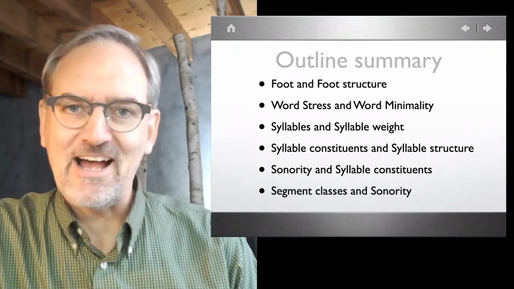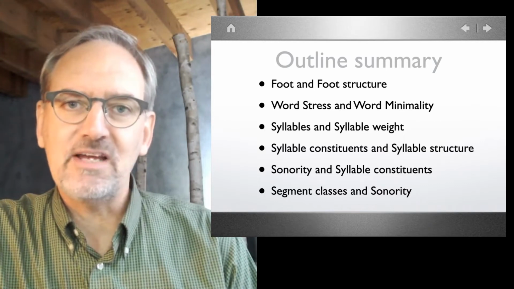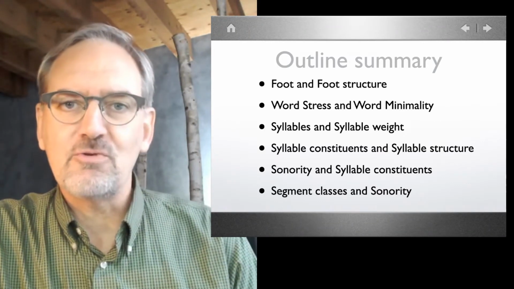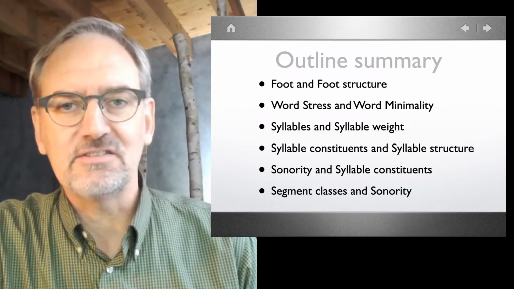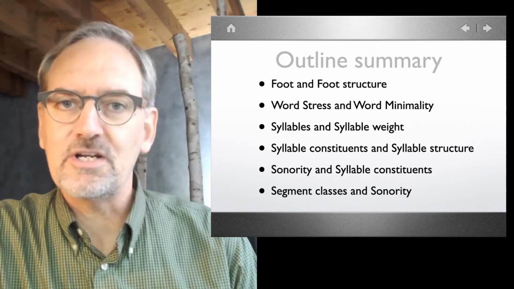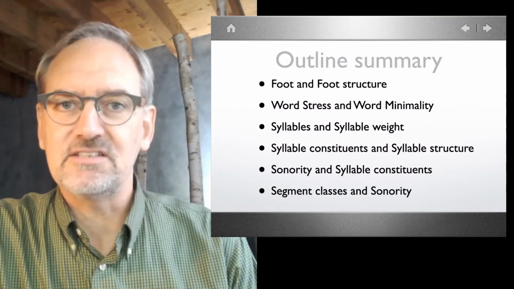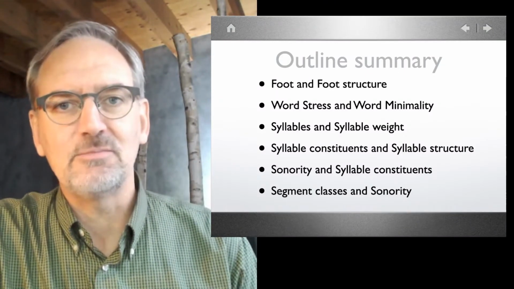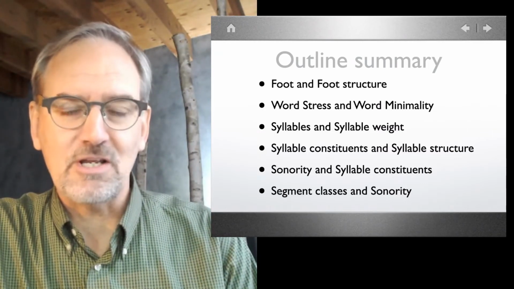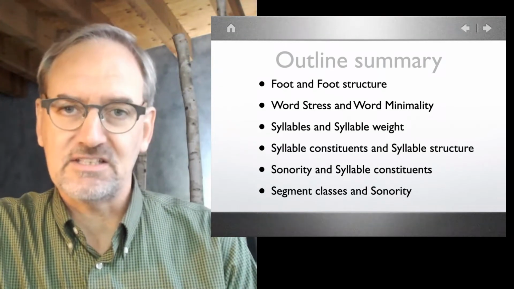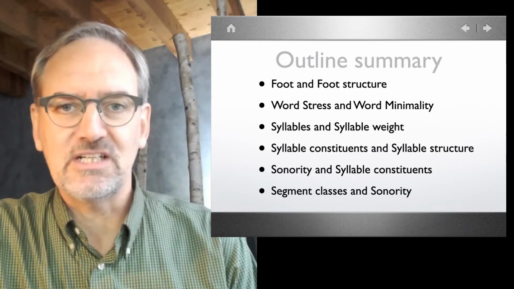And then we'll look further down into the segments themselves and remember that they've been grouped into constituents based on their sonority, that the rising and falling sonority that naturally happens in sequences of segments leads to sonority peaks in those sequences, and those sonority peaks form the basis of grouping segments into syllables, because those peaks form the nucleus of a syllable, and then the segments before and after them get grouped together into those syllables.